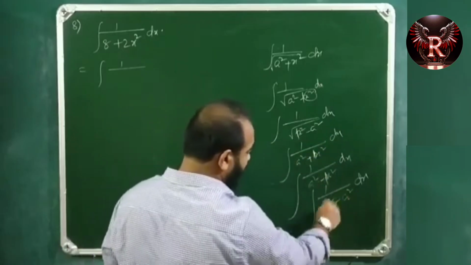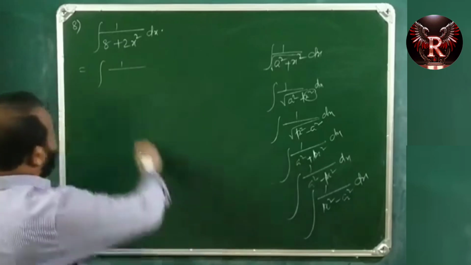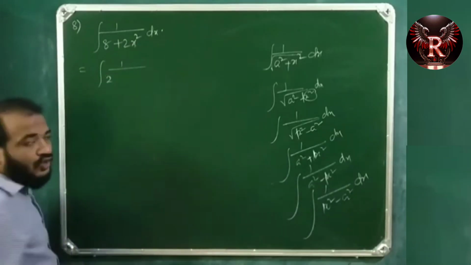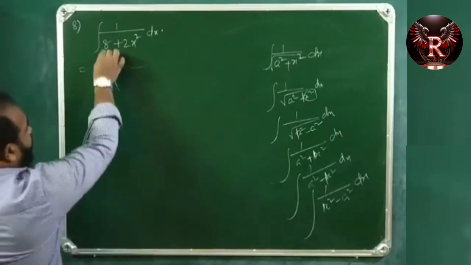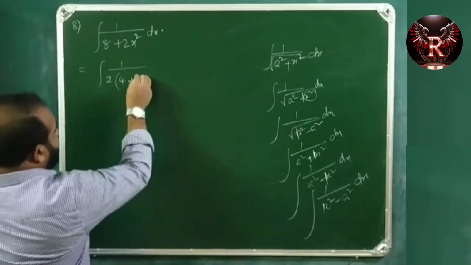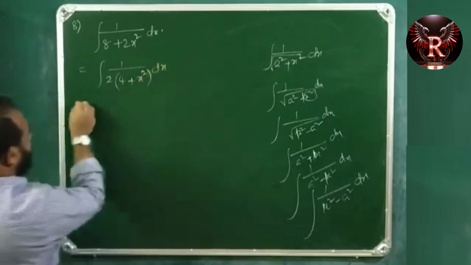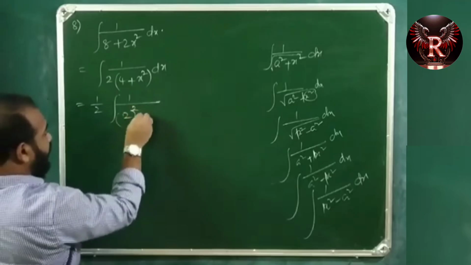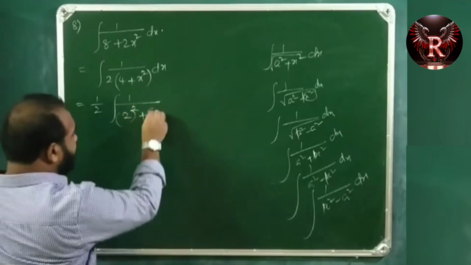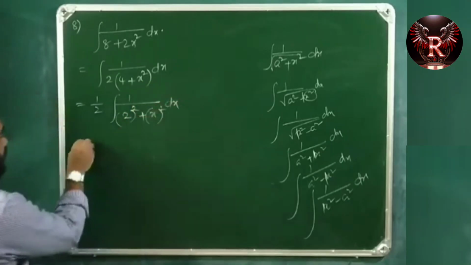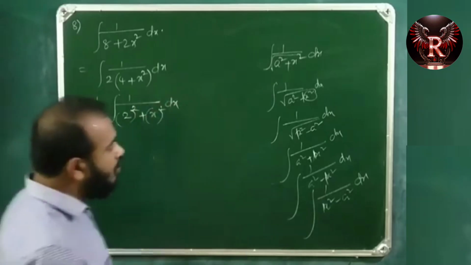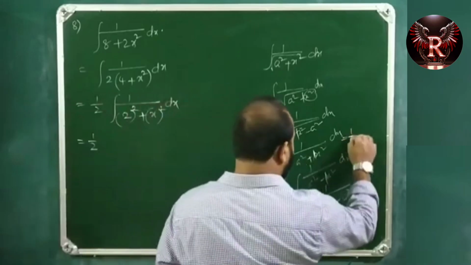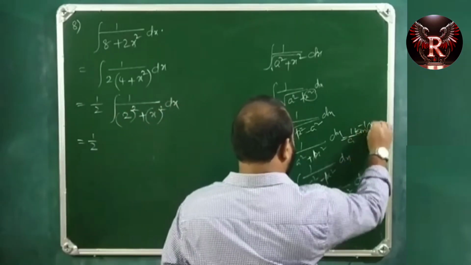So I want this x square coefficient to be unity, for which let us take 2 as a common factor. So 2 I will take common, then this is 4 plus x square dx. So 1 by 2 into 1 by, this 4 is 2 whole square plus x square dx.